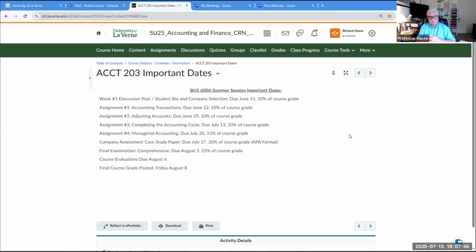But the main problem with assignment 3 was just in the classified balance sheet, making sure you had the proper classifications in that analysis. As you see your work, if you got some points taken off, that was the main reason, and I highlight that in the work that I returned to you. But everybody on the whole did very well. So those grades are posted, and your cumulative percentage grade is now available.